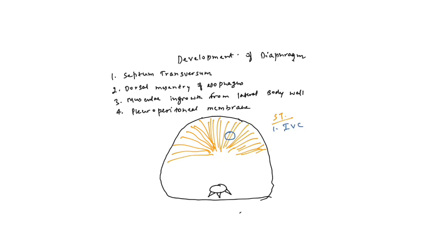Second is the opening for esophagus. Here is the opening for esophagus. Third is the central tendon.